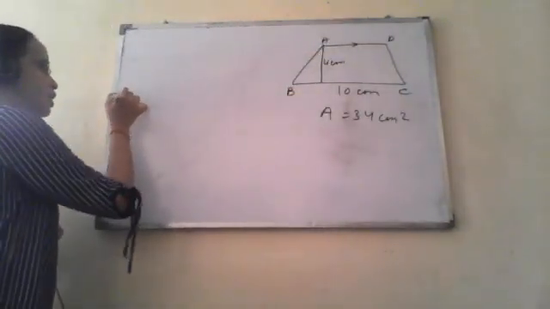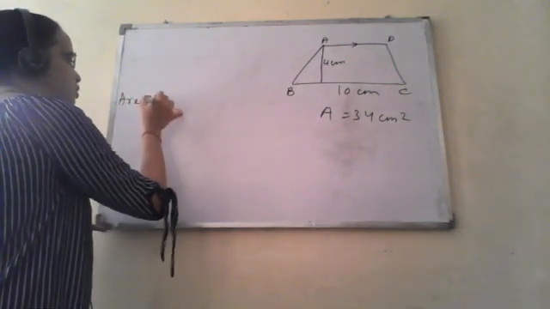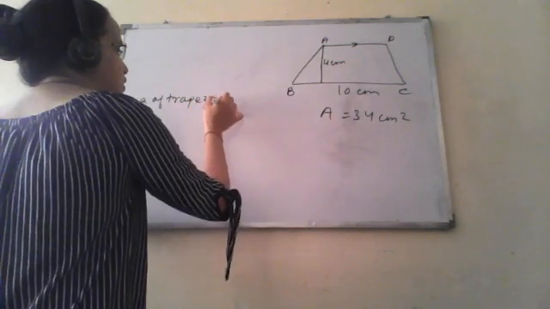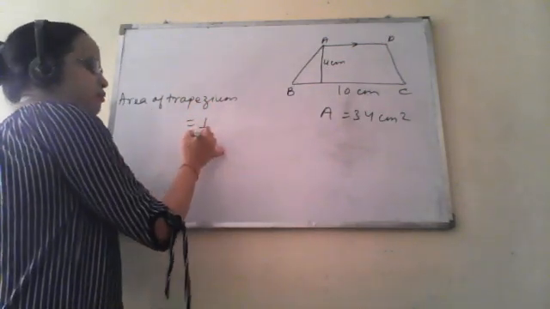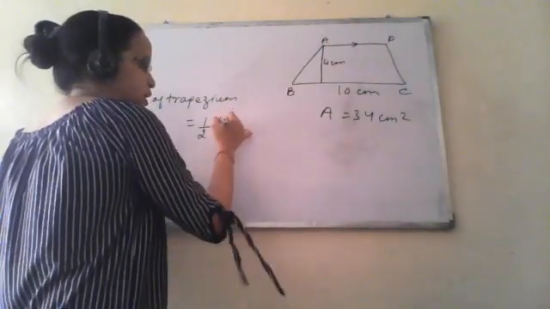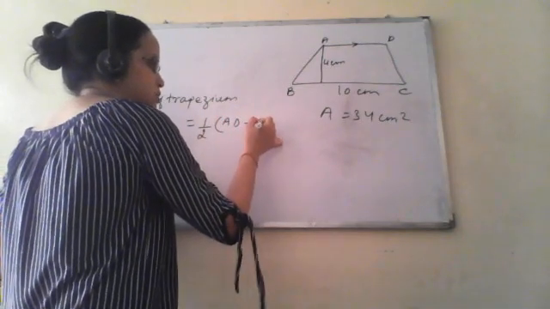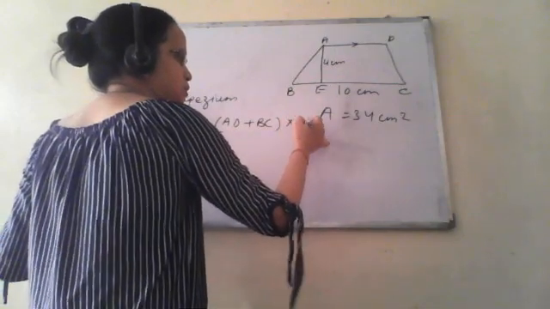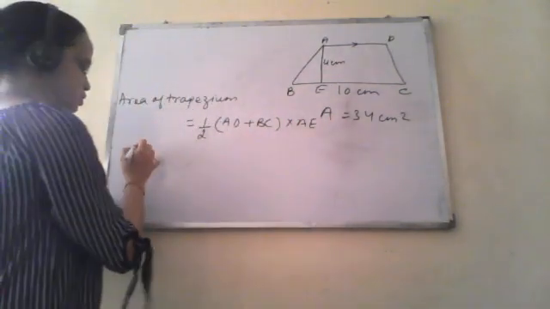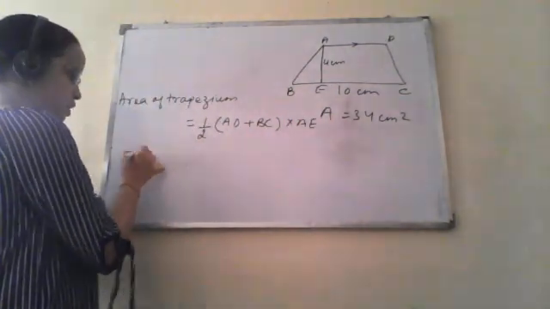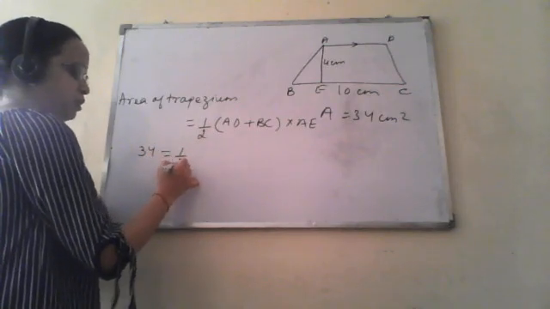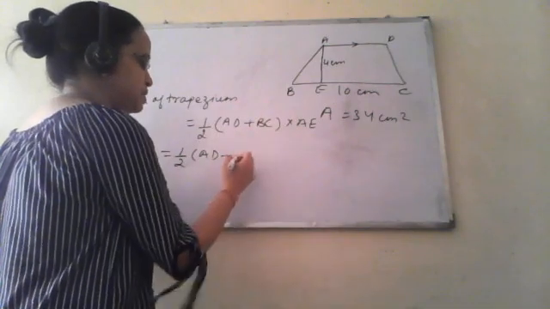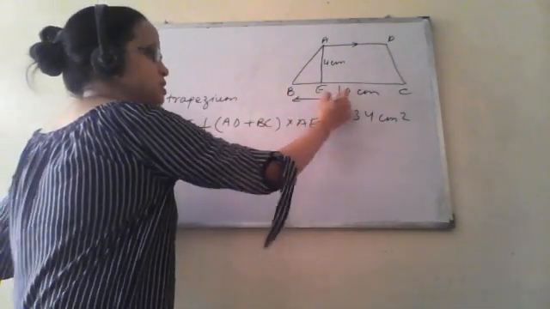So the area of a trapezium, as we know, is half the sum of the parallel sides, that is AD plus BC, into the height. Suppose this is E, so AE. The area of the trapezium is given as 34. We'll put the values. AD we have to find and BC is 10 centimeter.